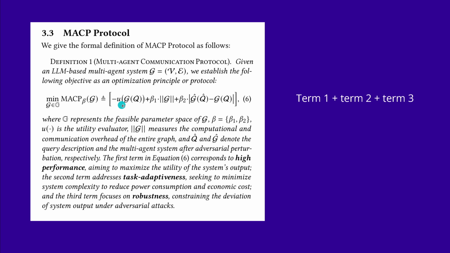So we have a performance term, then we have a complexity, task adaptiveness term to find here the minimal best graph solution for a particular query, and then we just want to have that the whole system is robust if somebody tries to cut us off one communication pipeline of our graph.